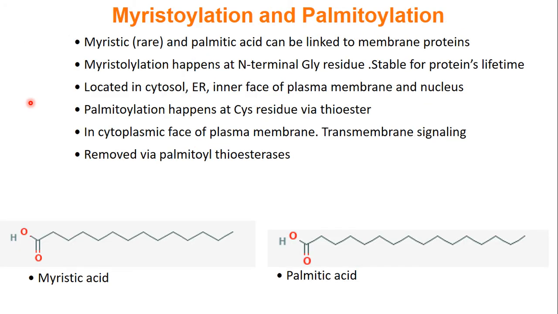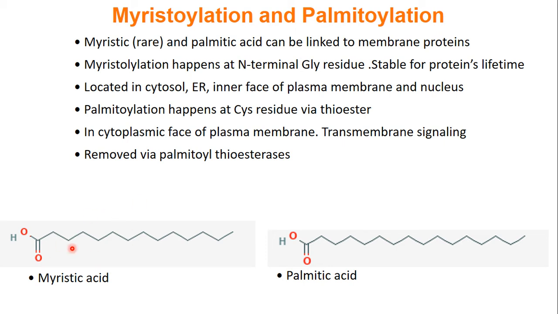Another type of modification you can have is myristoylation and palmitoylation. Myristic acid is a rarer type of modification. Here's myristic acid, and here's palmitic acid, which is more common. Myristoylation happens at N-terminal glycine residues. So you have a glycine at your N-terminal, you can add this fatty acid to it.